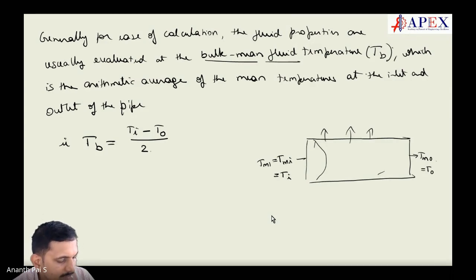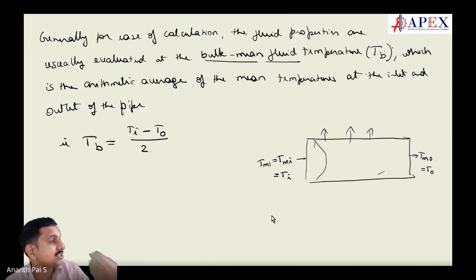Then we will go with constant surface heat flux, and here log mean temperature difference, LMTD, which we will be using in heat exchangers, that we will understand today. You have to understand that this LMTD I'm doing here is the same as in our heat exchanger.